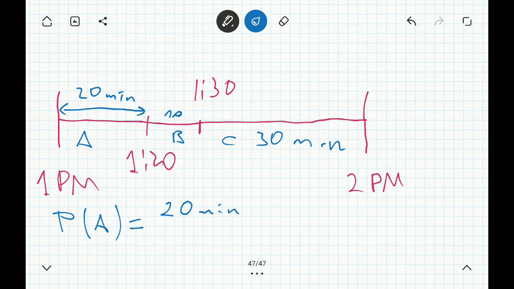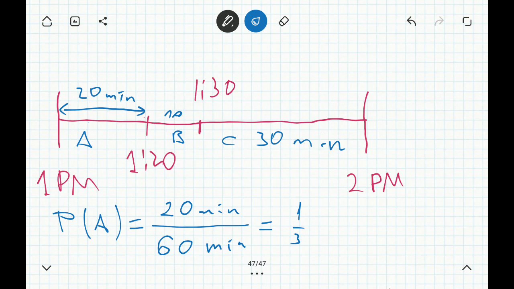And then I take the total length, which is 60 minutes, 1 hour. And that I can calculate. That's just 1 over 3. We have our probability.